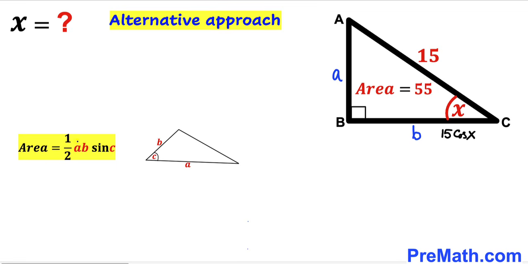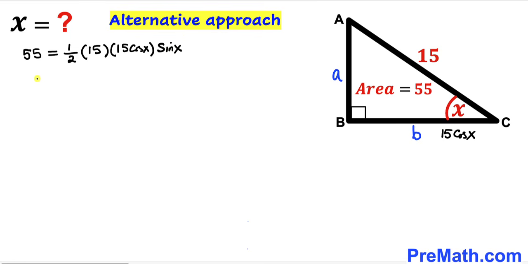So therefore, let's go ahead and fill in the blanks in this formula. So the area of triangle 55 is going to be equal to a half times our one side length is 15 times the other side length is 15 times cosine of x times we are going to write down sine of our angle x.